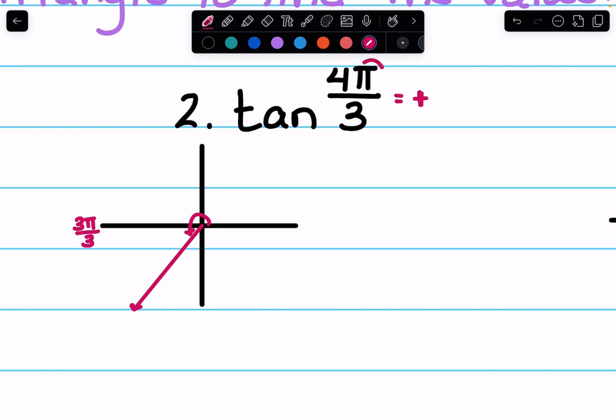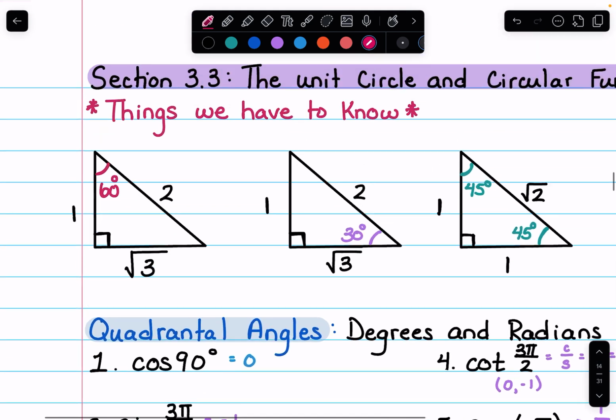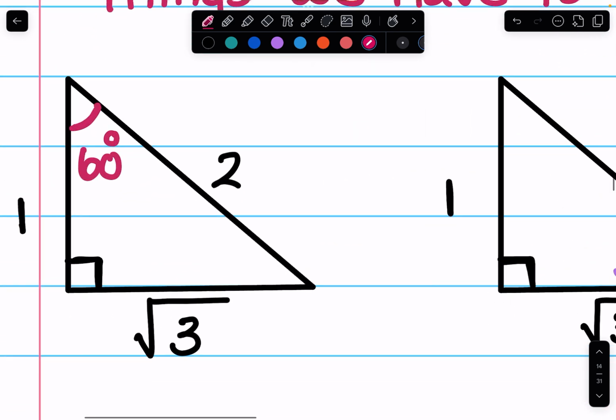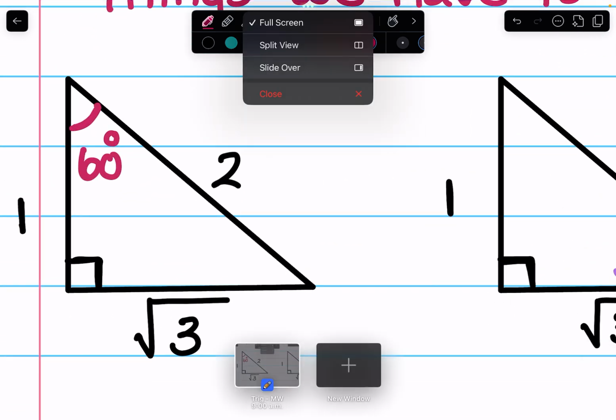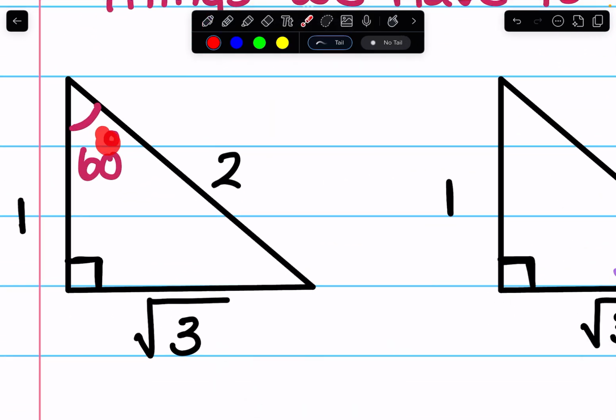And then my reference angle is pi over 3. So that's my 60-degree triangle. And I'm going to do tangent, so that's opposite over adjacent, so the square root of 3.